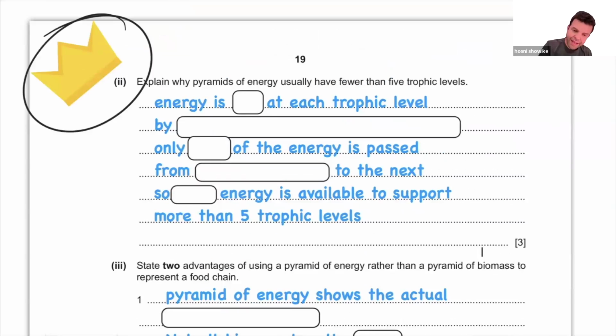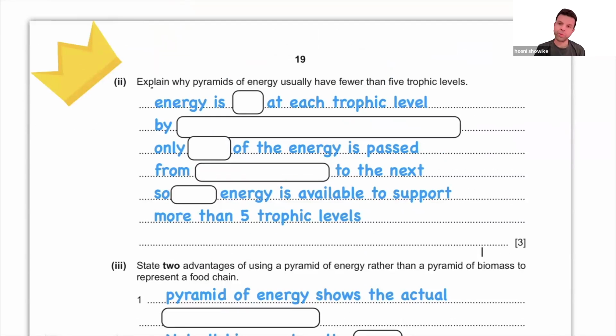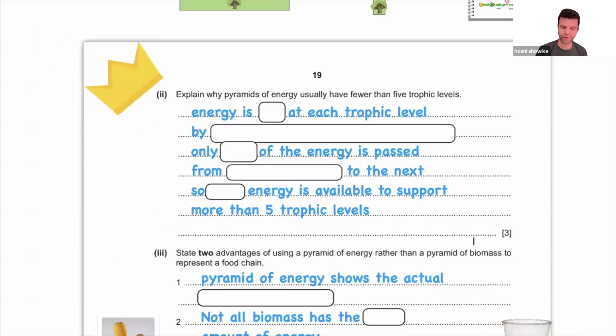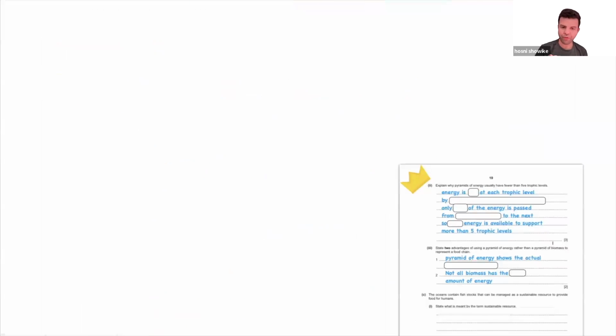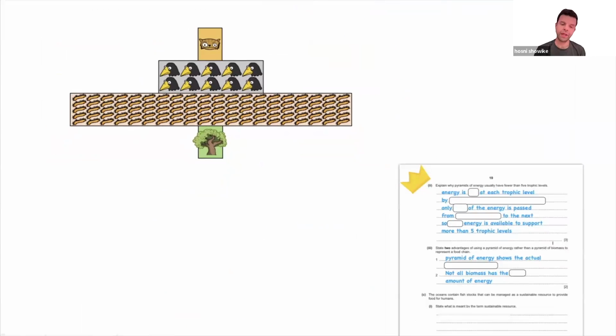Even that, the next question is super important. It said, explain why pyramids of energy usually have fewer than 5 trophic levels. First of all, we have 3 types of pyramids. We have the ones that we call pyramids of number. Those count the number of individuals at each trophic level and are likely to get inverted like this, okay?